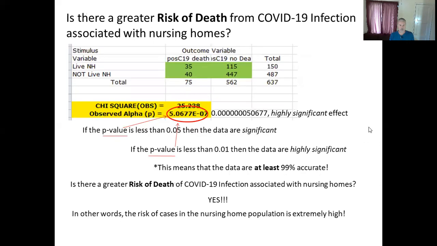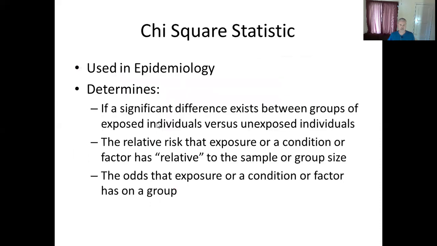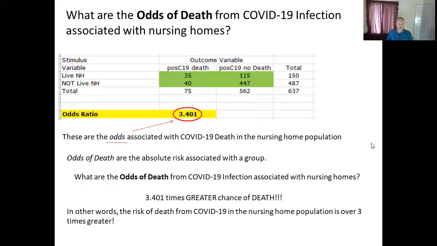Our third question that the chi-square gets is odds. Basically, Vegas odds. If you're exposed to it or not, what are the odds of death? Exposed to COVID-19, living in a nursing home, gives us odds of 3.401. This is what we call a multiplier.